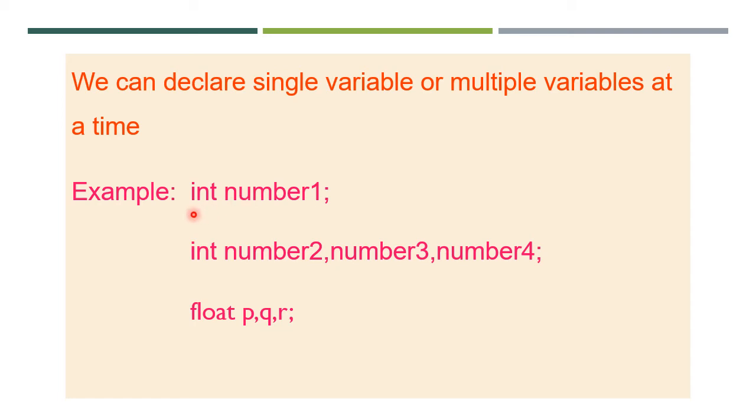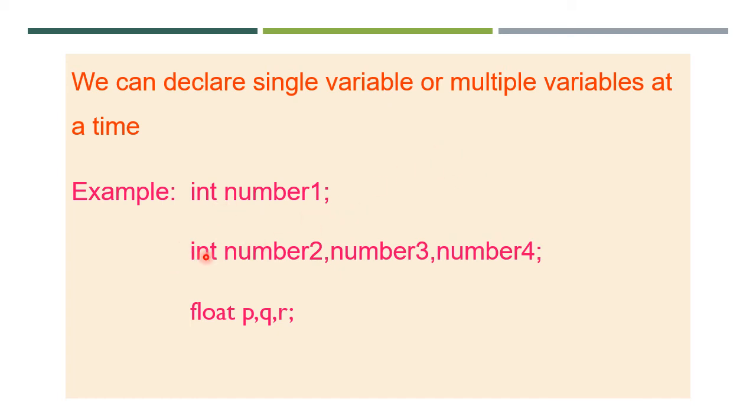How much memory space will be reserved? It depends on the data type. Here int is a data type, so int occupies 4 bytes of memory. So 4 bytes of memory will be reserved in order to store an integer value, and this memory space is identified with number 1.